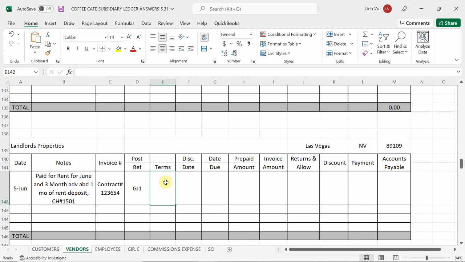Okay? But I'm recording this one because this was my actual transaction. Proof that I paid something, right? But I don't have any terms, so no discount due date and no actual due date. Okay? Did I have a prepaid amount? This right here, let me explain, because I'm going to explain how we actually use this. Prepaid amount.